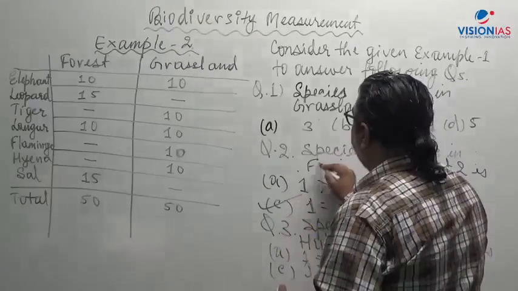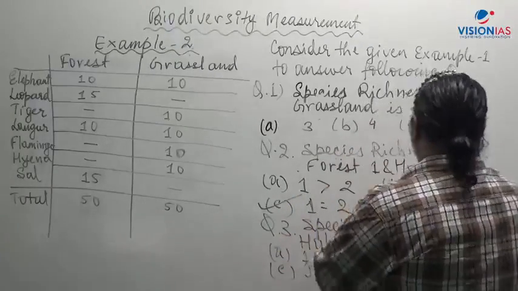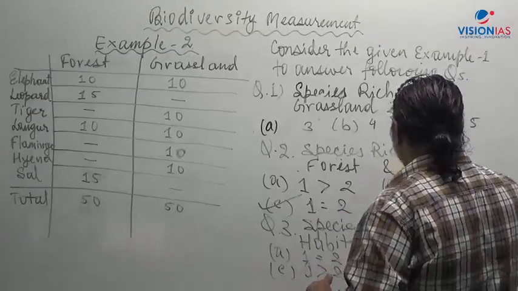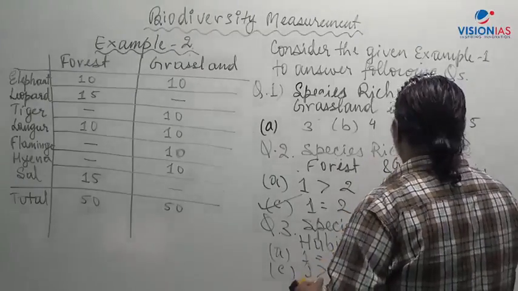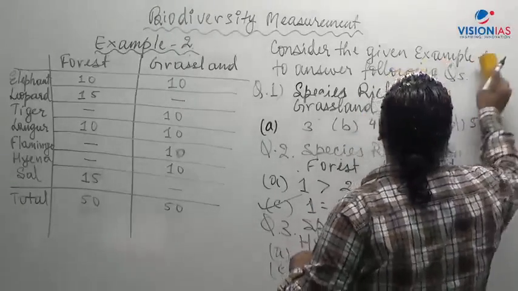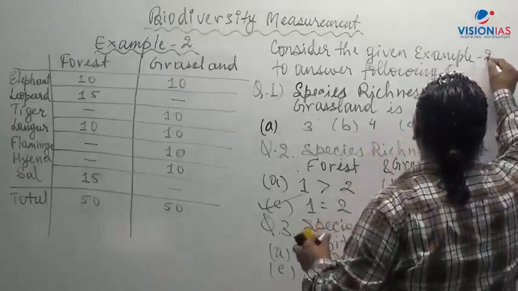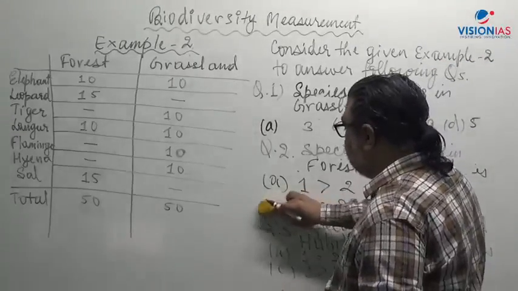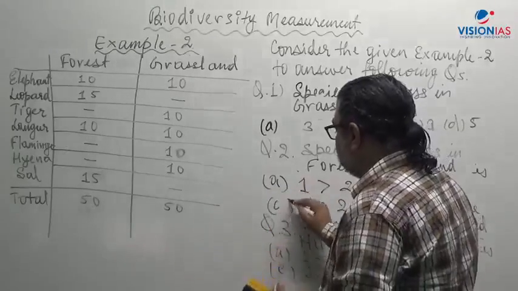Now we are comparing the forest ecosystem with the grassland here, and I'm now giving the option here. So you have to consider example number 2, and here I'm just removing the option I had written. Clear here?